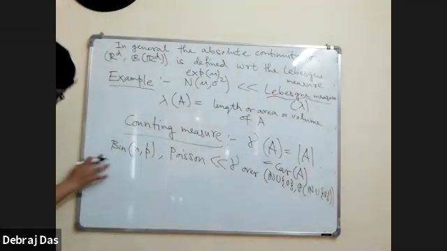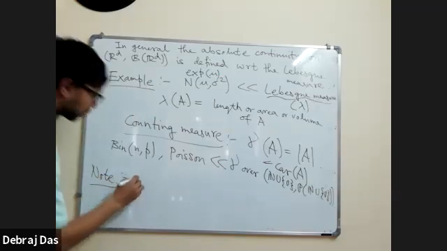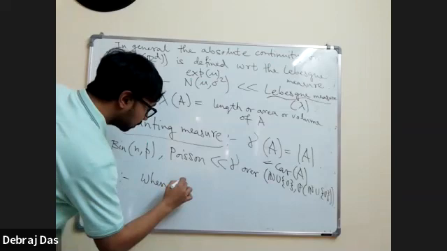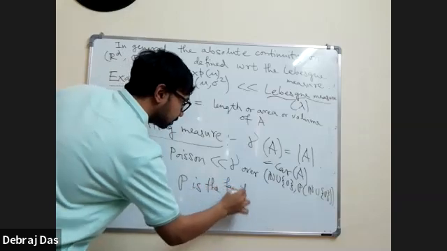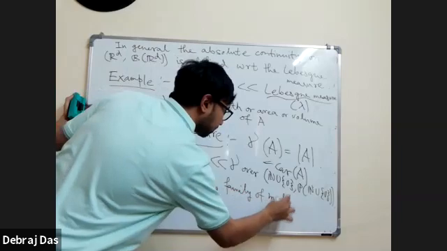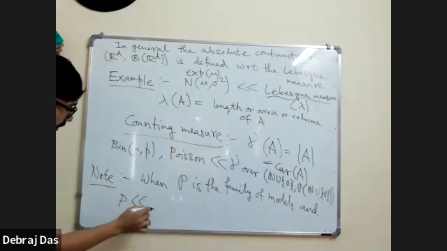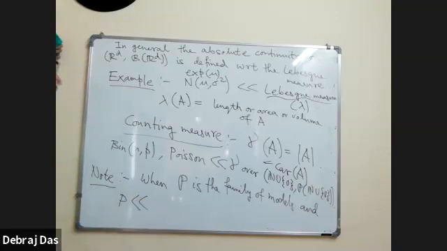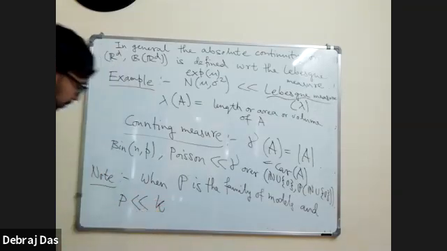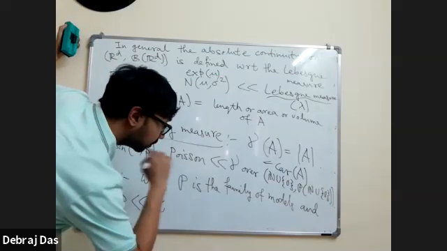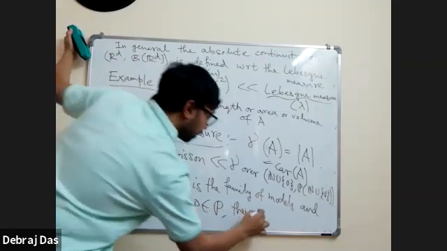So my point is that note, when P is the family of models, and P is absolutely continuous with respect to some other measure, let's call that measure kappa, for all P belonging to the family, then it is enough to look into the PDF.